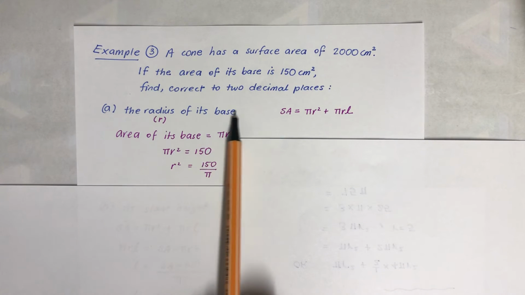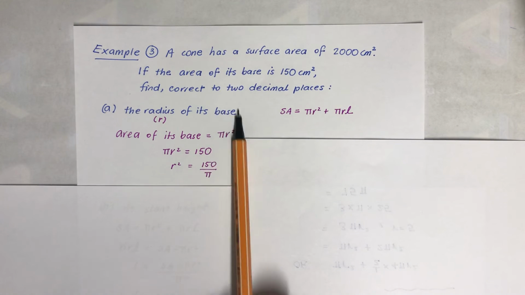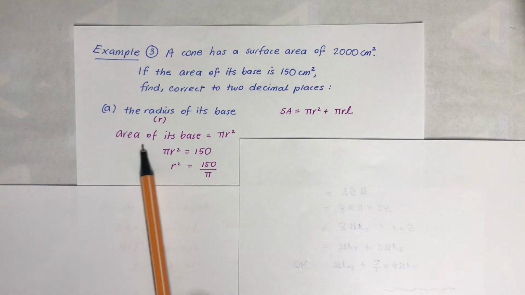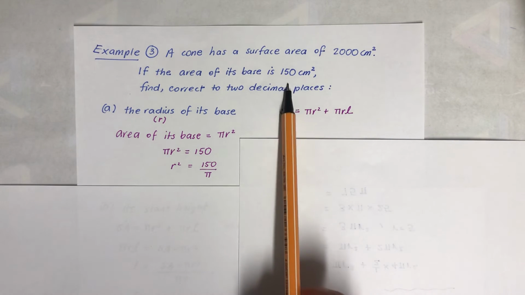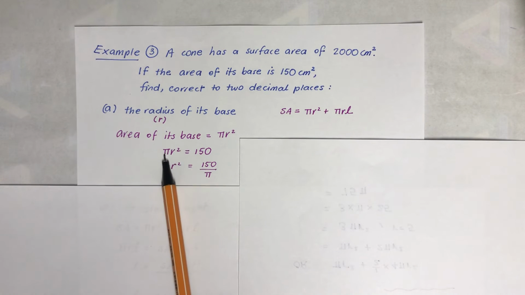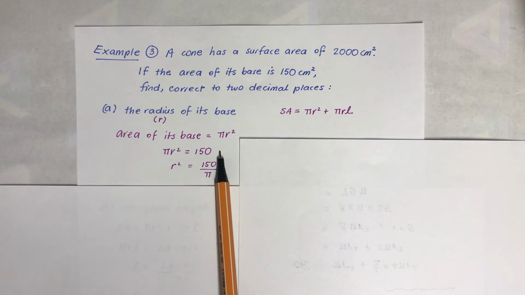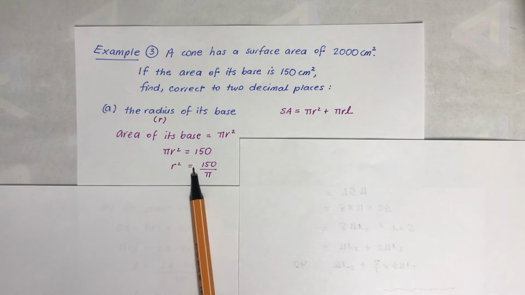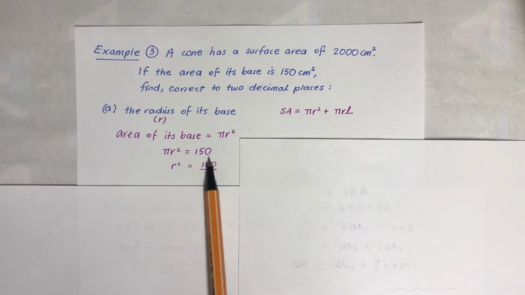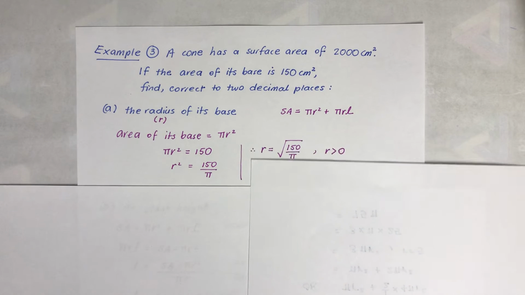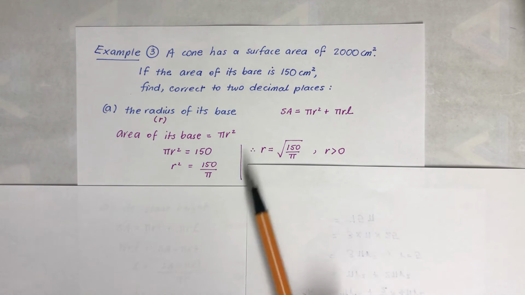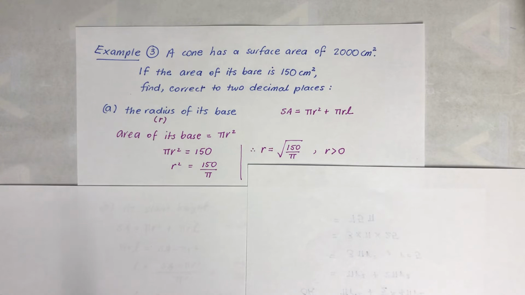What's the base shape of the cone? It's a circle, isn't it? So the area of its base is pi r squared, which is also 150. So I'm going to put pi r squared equals 150 and make r squared the subject, which is r squared equals 150 divided by pi, because I divided by pi on both sides. And I just want a radius, I don't want an r squared.